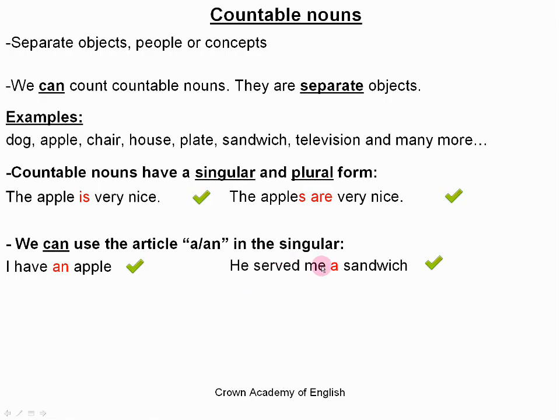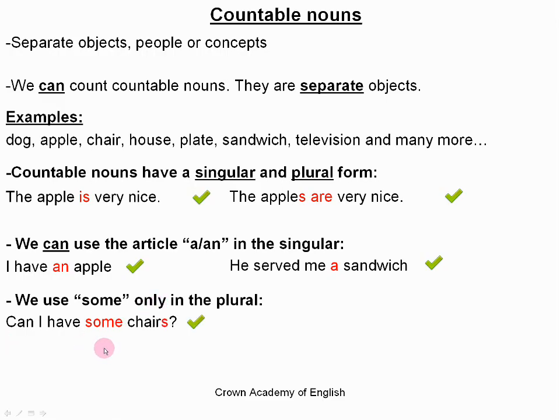Another example, he served me a sandwich. And this time we just say a because the noun does not start with a vowel. And we can also use the word some when we use the countable noun in the plural.